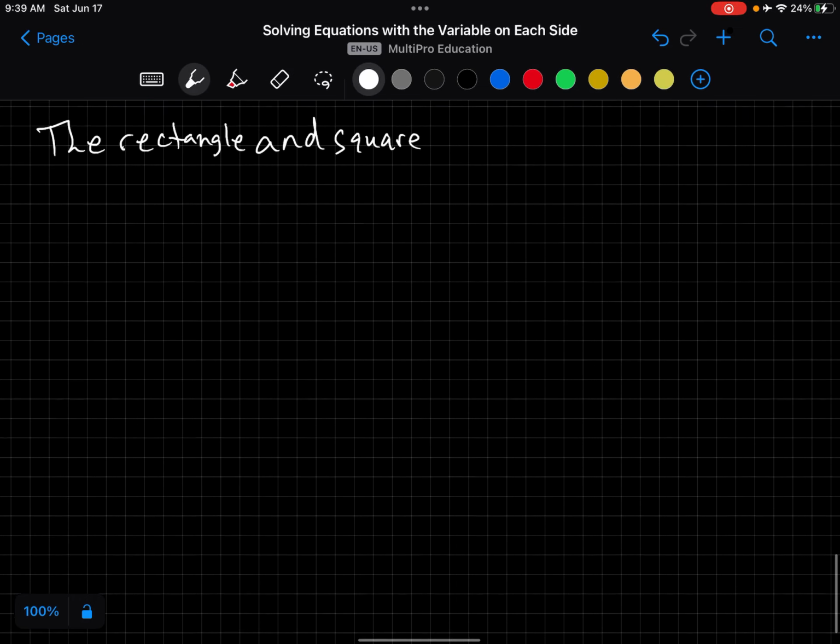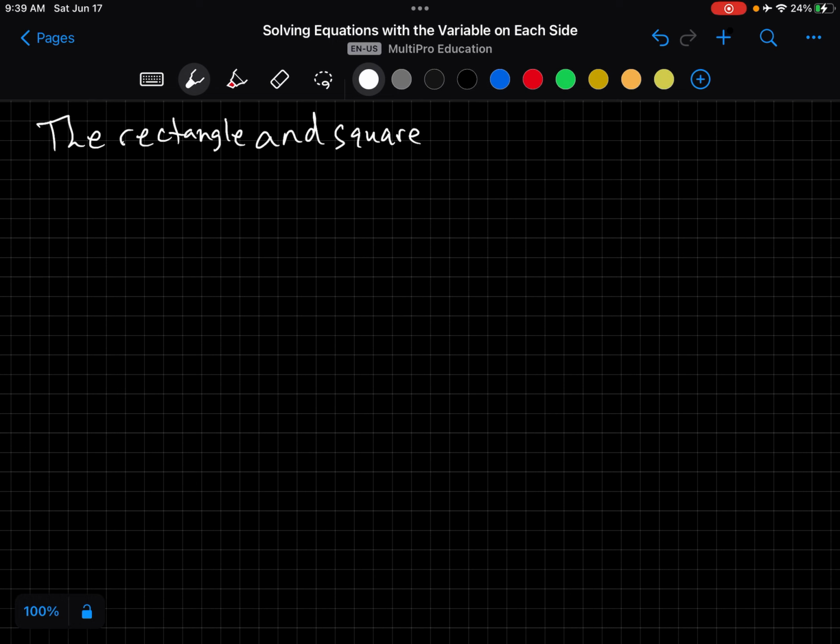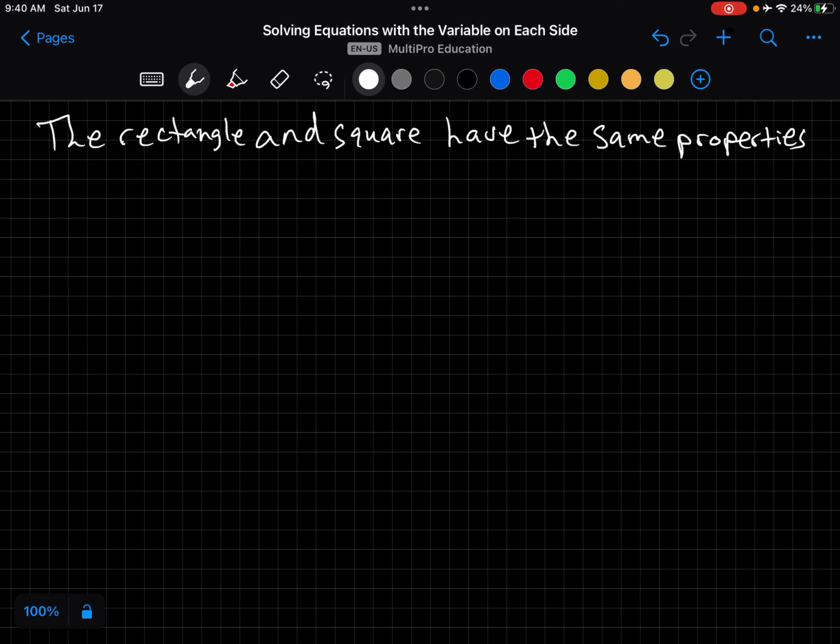Okay, I'm getting distracted by the snoring. Yeah, I wish our place was a little bit bigger. I could get away from this, it wouldn't be so distracting. Alright, same perimeter.